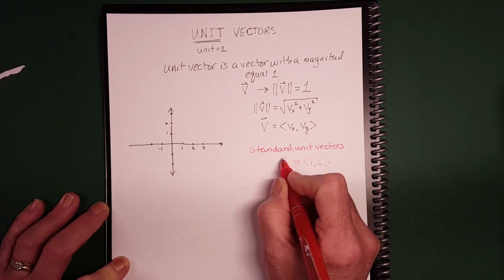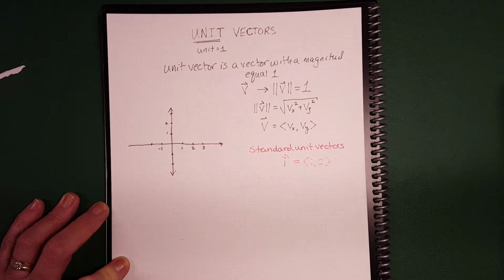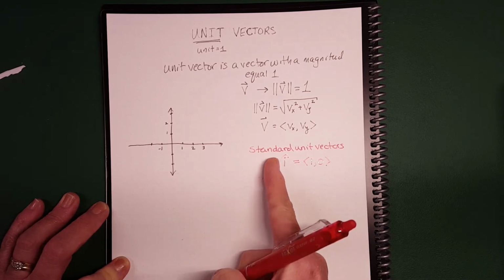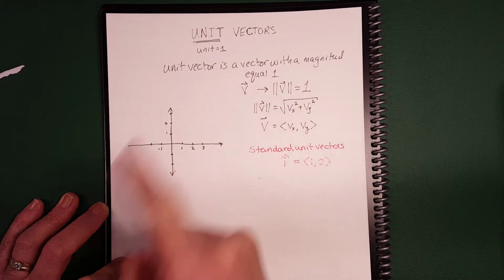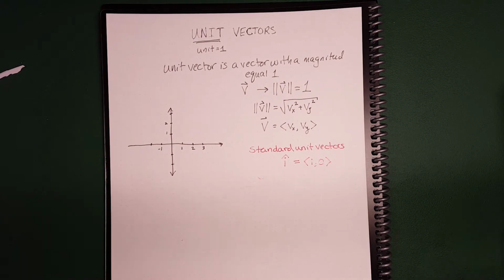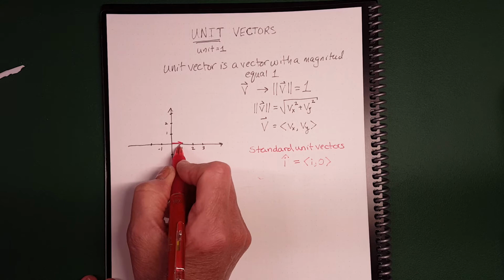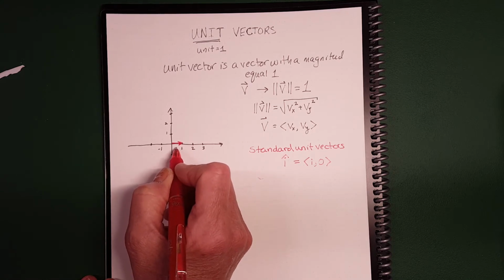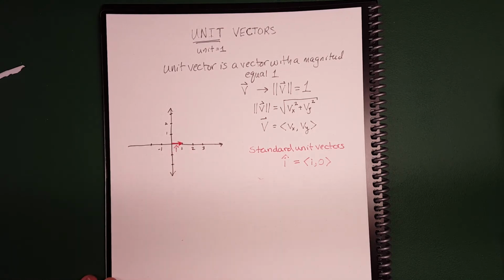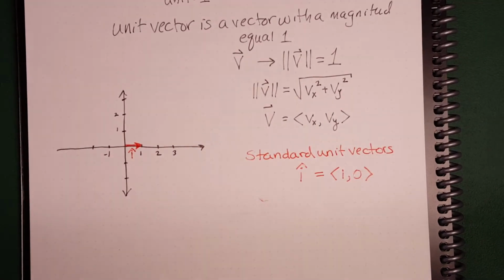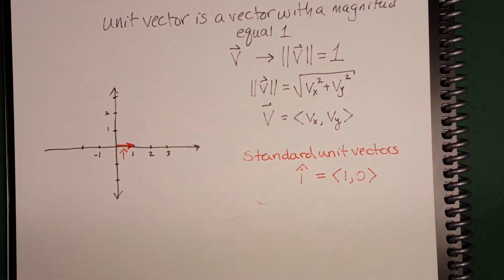Because it's a unit vector, we tend to give unit vectors this little hat notation instead of the vector notation. Okay? And so vector I would be this vector here. It's the unit vector in the x direction, and we would call that I hat. And I can probably zoom in a little bit so you can see that better.